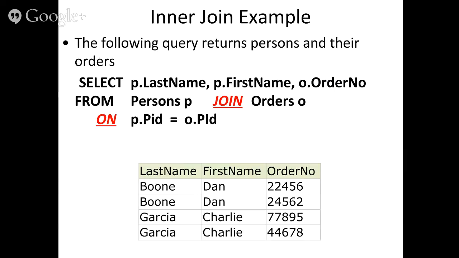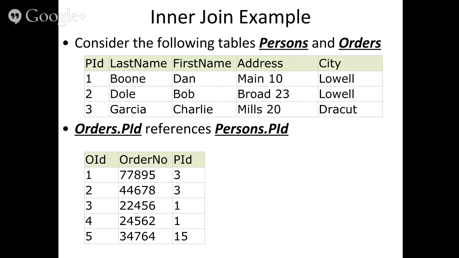Now we have 3 users, of which 4 orders match 2 of those users, and we have 1 user that matches no orders. Okay, that's okay, right? A parent is okay to have no children.